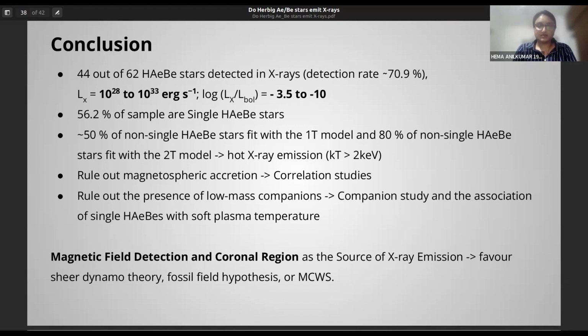So from these correlation studies and the companion study, we have ruled out magnetospheric accretion and the presence of low mass companions as the origin for X-ray emission in Herbig Ae stars.